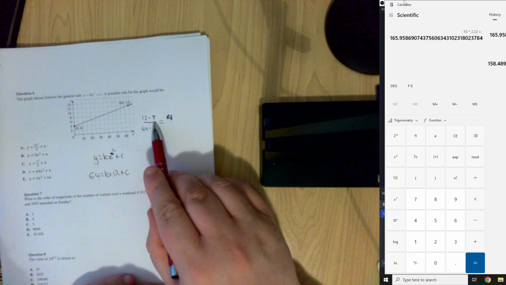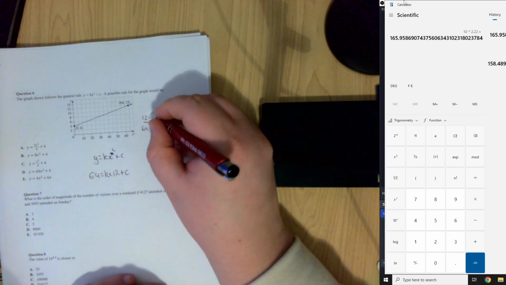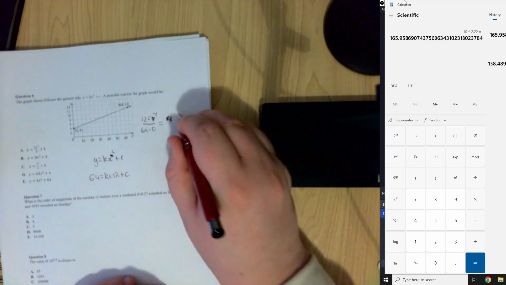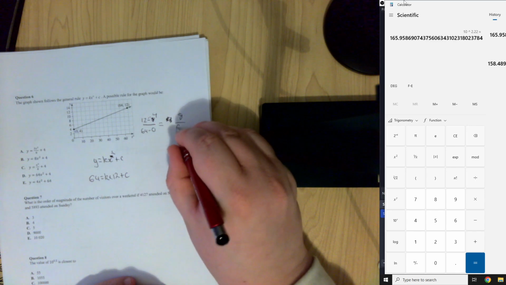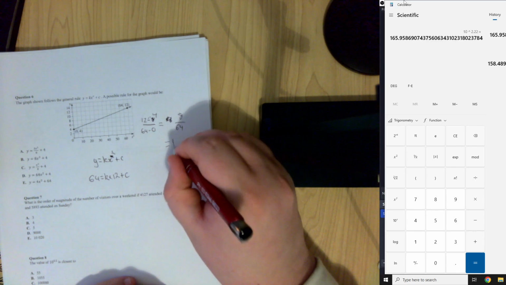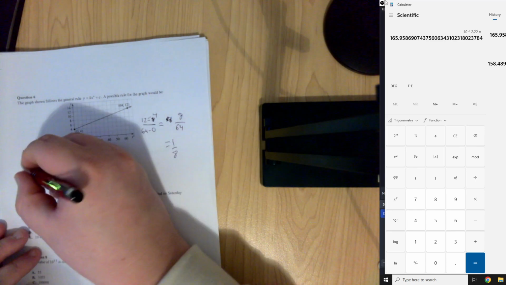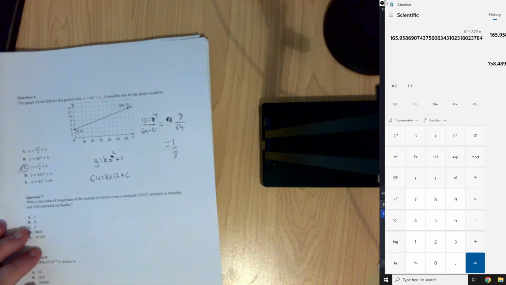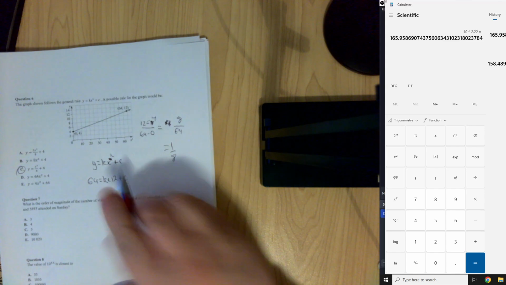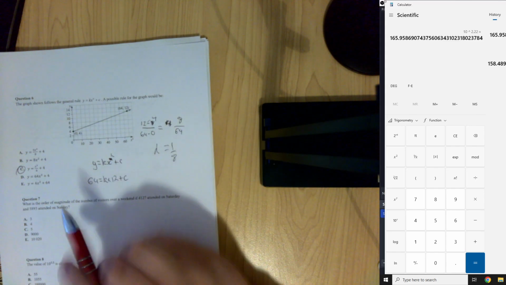What about 4 there? 12 minus 8. Alright, that gives me 8 over 64, which is the same as 1 on 8. Which means that has to be my answer, because k is 1 on 8.